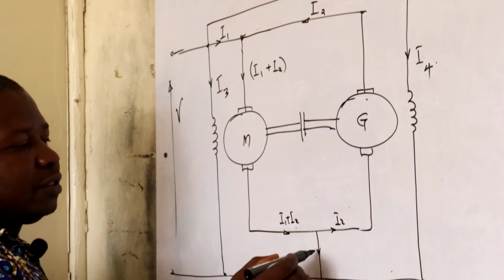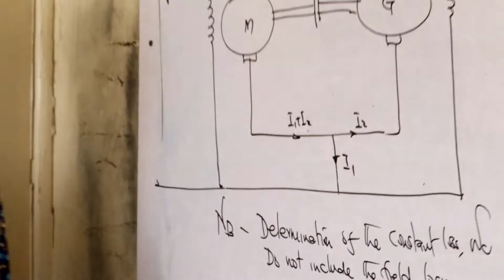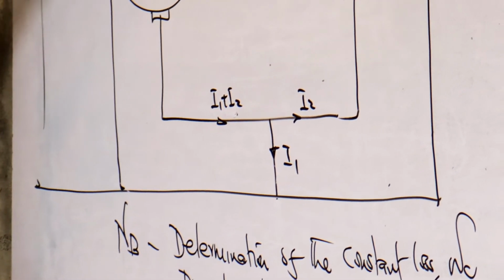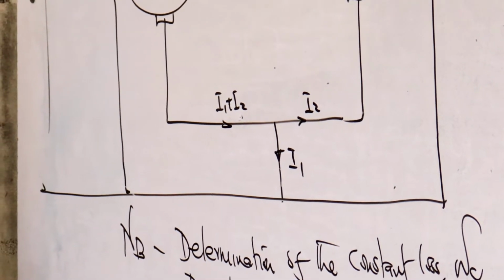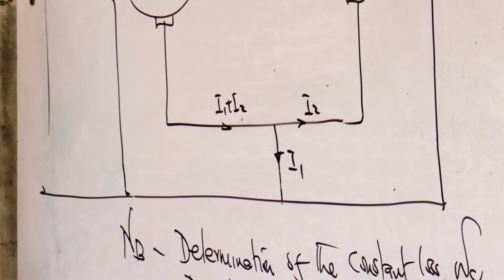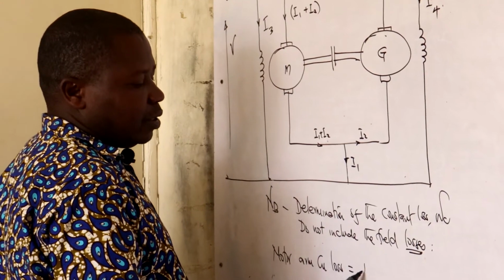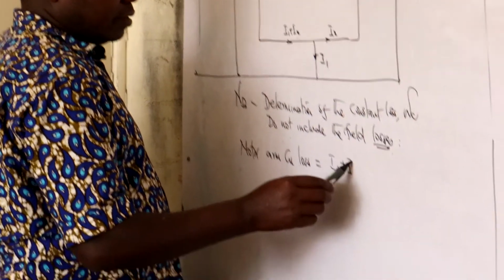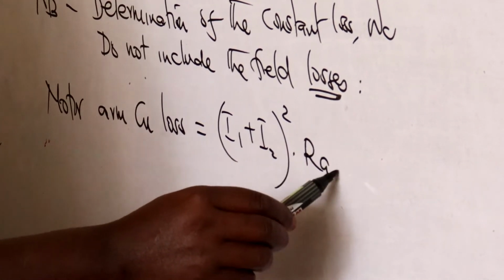I2 proceeds, then you meet with I1. I1 is the supply. So the motor armature copper loss will be (I1 plus I2) squared R.